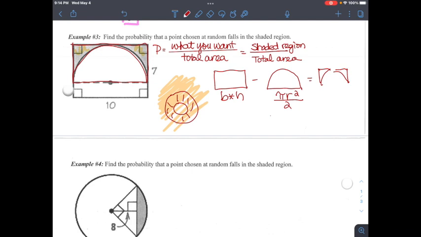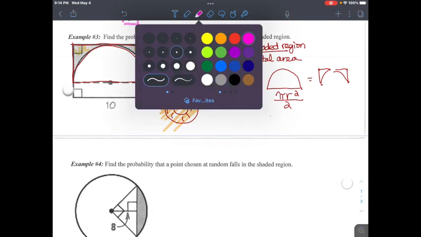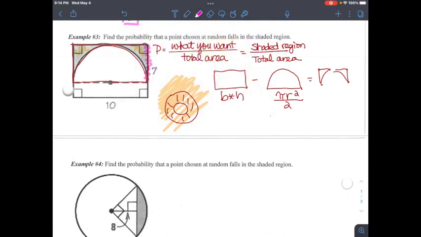So the base times the height, in this case, is going to be 5. The reason is that if you look at the picture, the whole thing is 7. Now, you know the diameter is 10. If you take that 10 divided by 2, that gives you the radius: from here to here is 5, and from here to here is also 5.